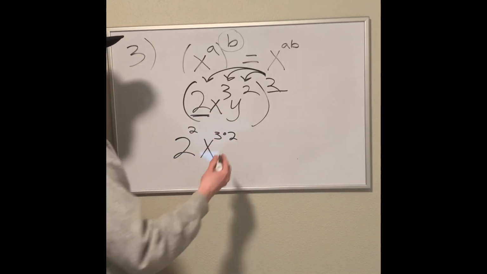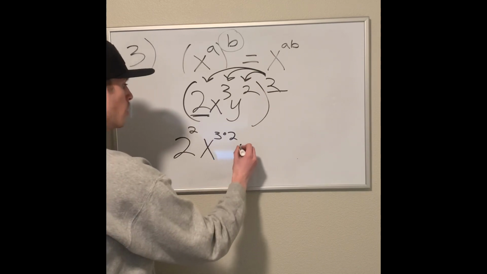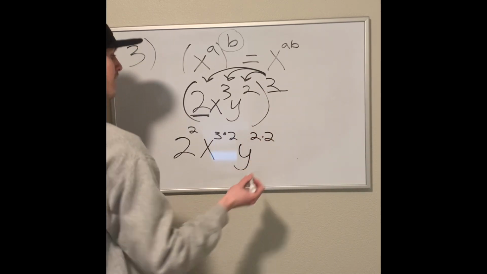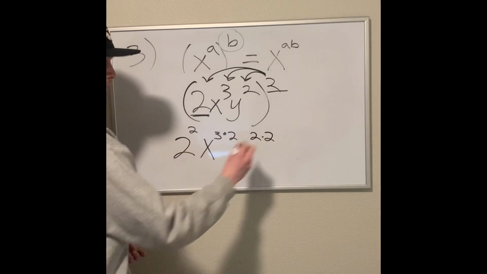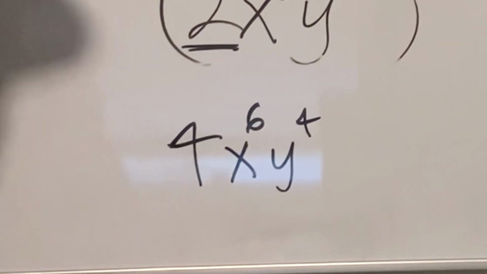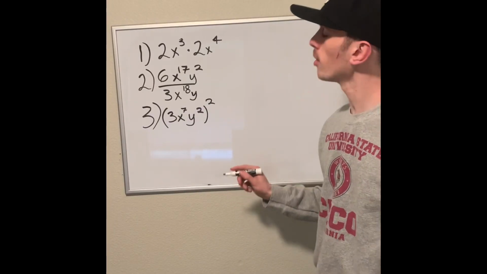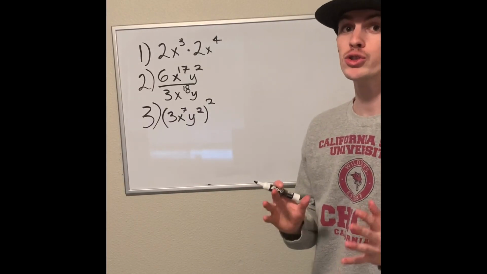Now you are multiplying. Same thing goes here, y to the 2nd times the 2 that I distributed in, and now I can start and solve the problem. Now, try these 3 challenging problems using each of the rules that you just learned.